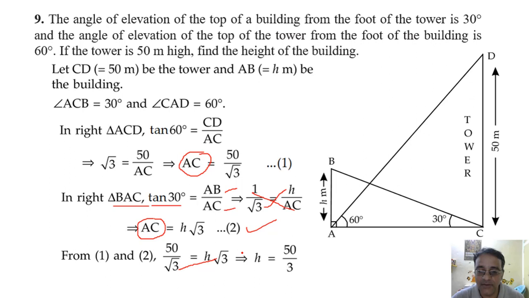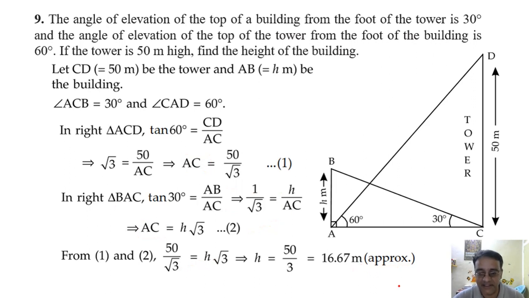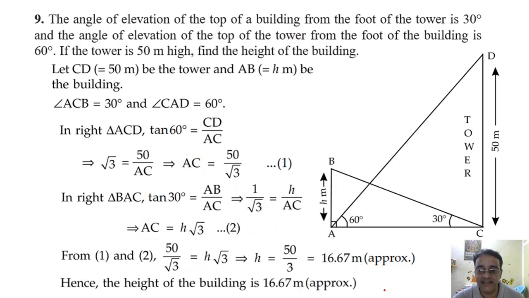In mixed fraction you can write 16 2 by 3, which is the answer given at the back in NCERT. Or if you divide you will get 16.66666. Okay, so you can stop at 2 places by writing approx. So 16.67 meter. Hence the height of the building is 16.67 meter approx.